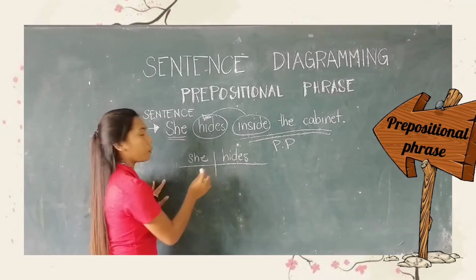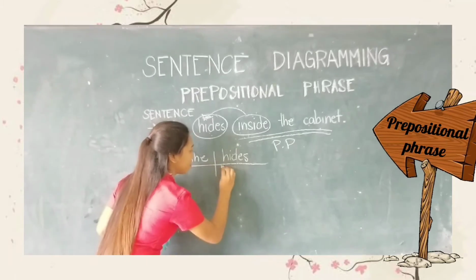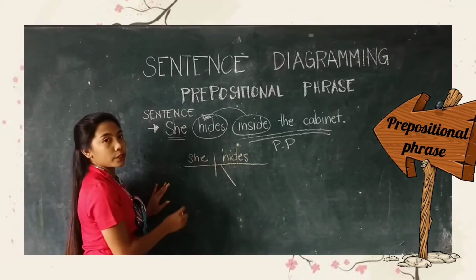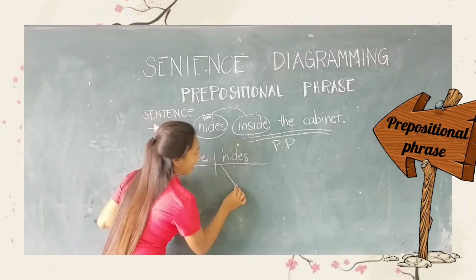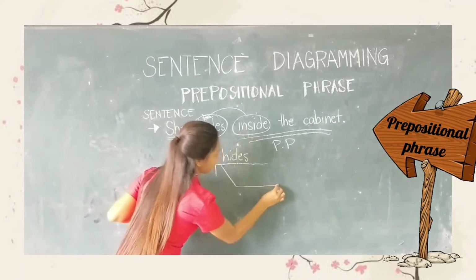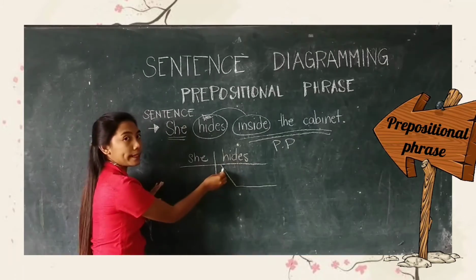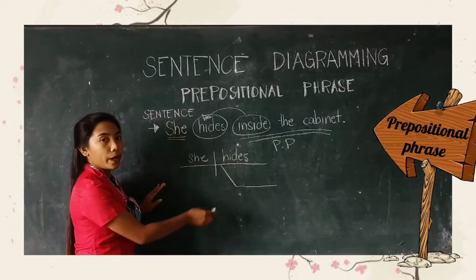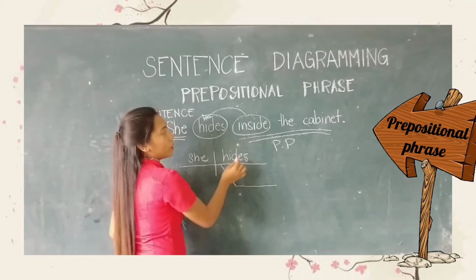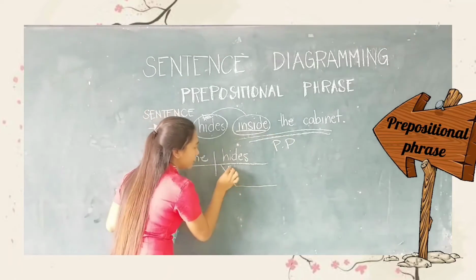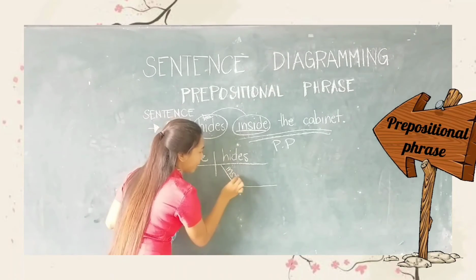So as I said, we have to draw a slanted line that is connected to a small or a short horizontal line. In the slanted line, it is the place where we are going to write our preposition, which is the word inside. So we have to write it here.